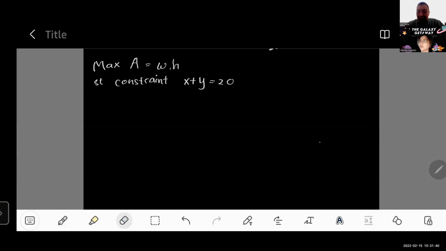The constraint must be exactly the same as the variables that you put there. W plus H. Oh yes, because of the picture. W plus H equal to 20. Yes. And then, of course, the two of them must be positive, right?